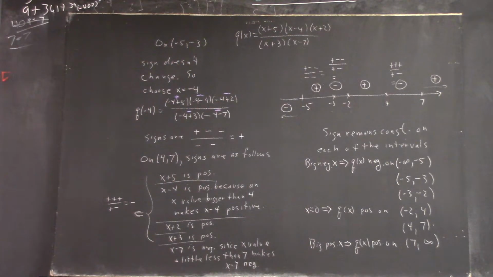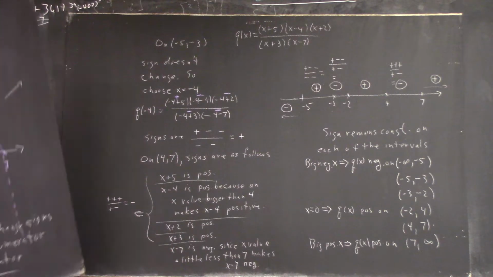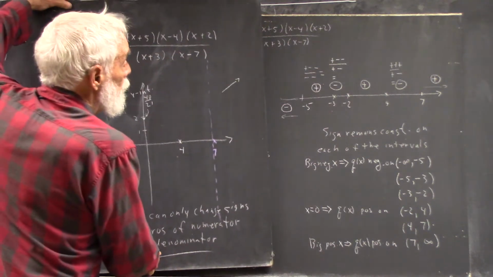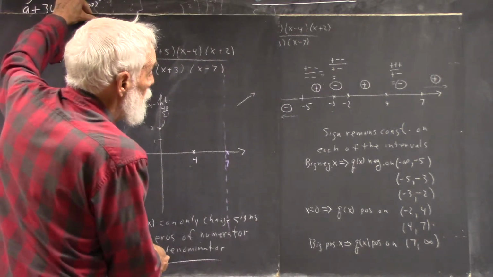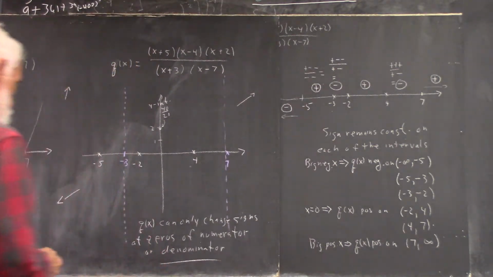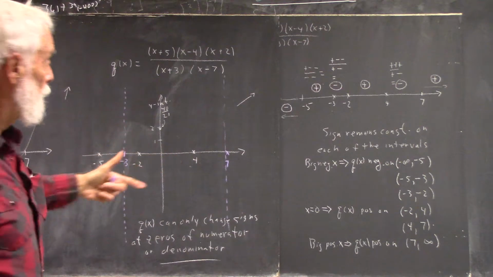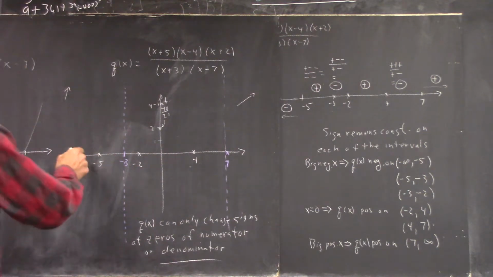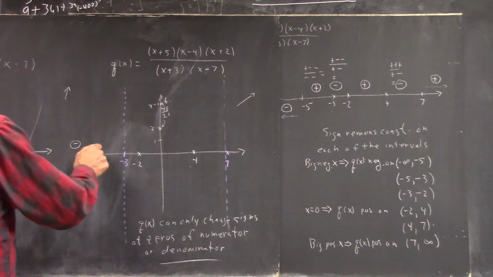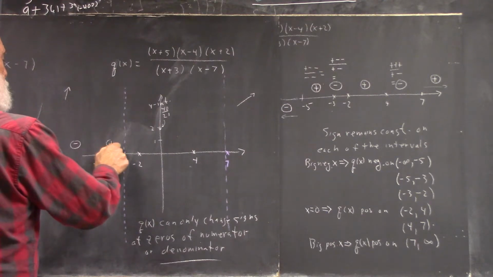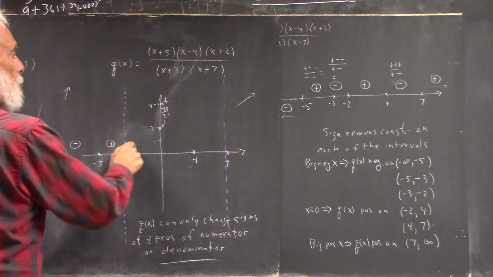Make sense? Well, now I can come back to my original function. I don't break anything. And I can say, okay, well, I can take this information. I've got a negative here. I've got a positive here. I've got a negative here.